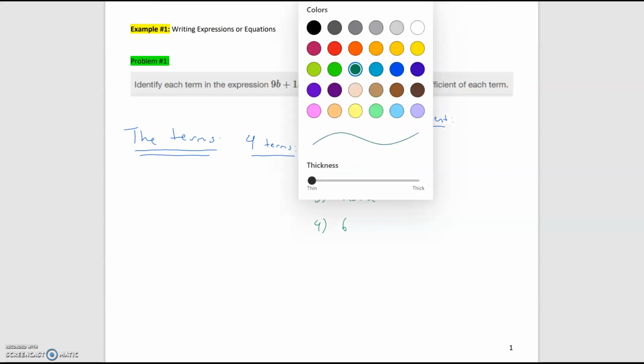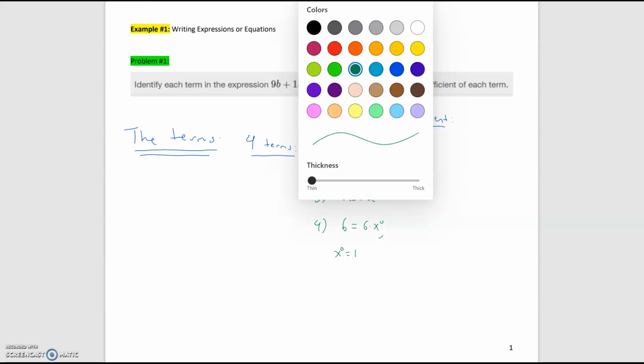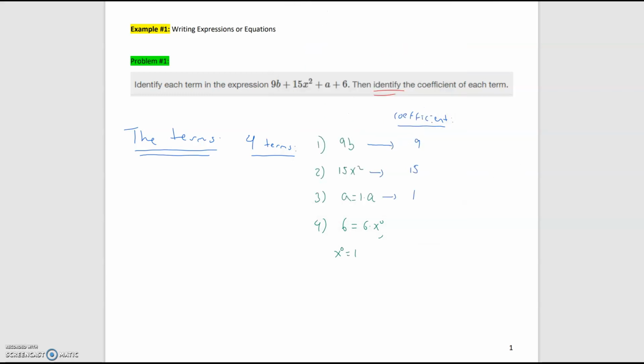And then the next one is a little bit more tricky because you technically have 6 times x to the 0. There's an actual property that states that any value to the 0 is 1, which justifies the coefficient of the constant just being the 6.